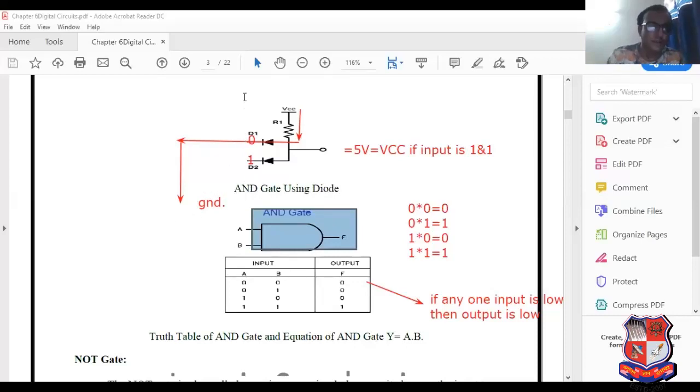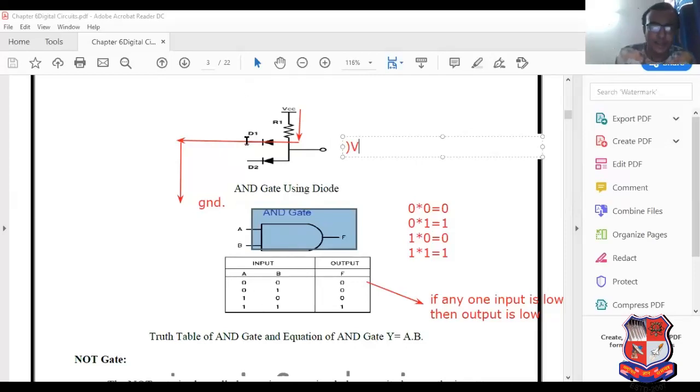If 0 1 is applied, we cannot get an output, so the output is 0 volt for this particular case.